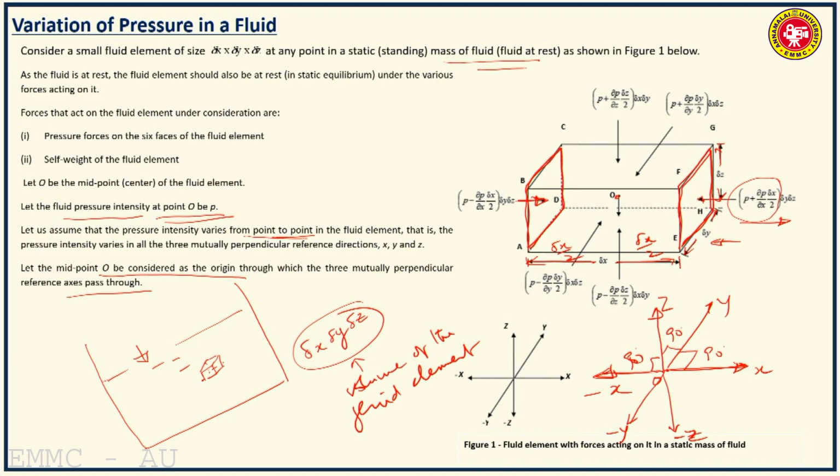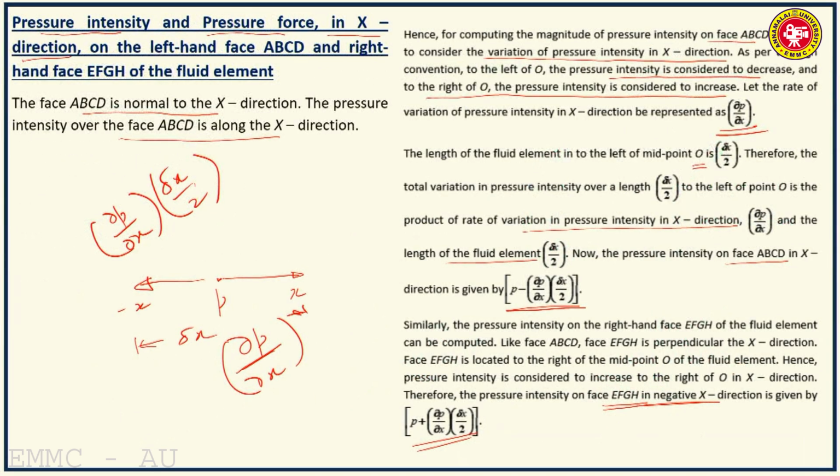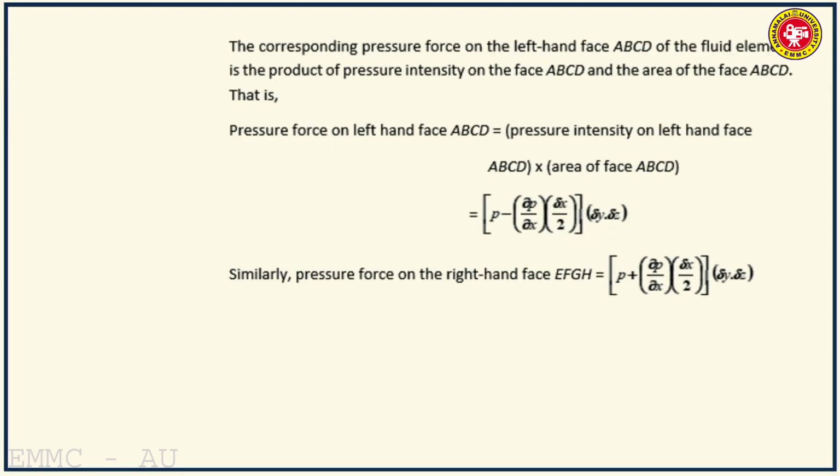So the direction of the pressure intensity is important; the pressure force is important. Now, the corresponding pressure force on the left hand face ABCD: the pressure intensity is P minus dou P over dou x into delta x by 2, acting in the x direction.